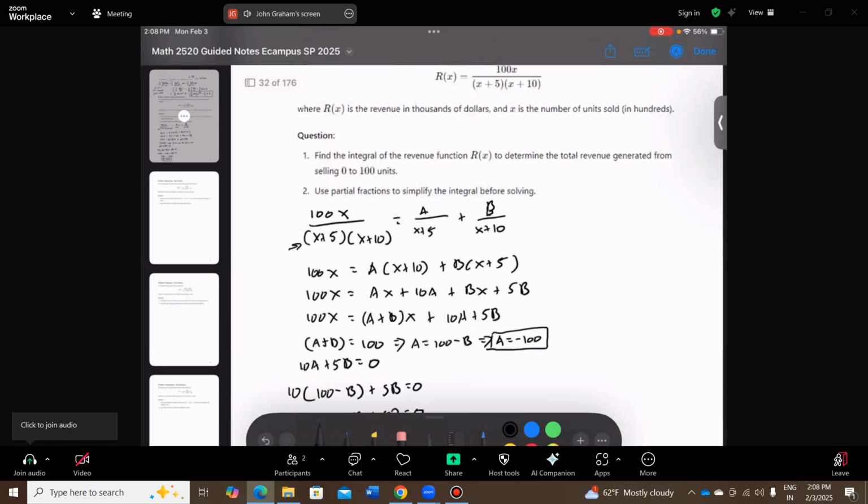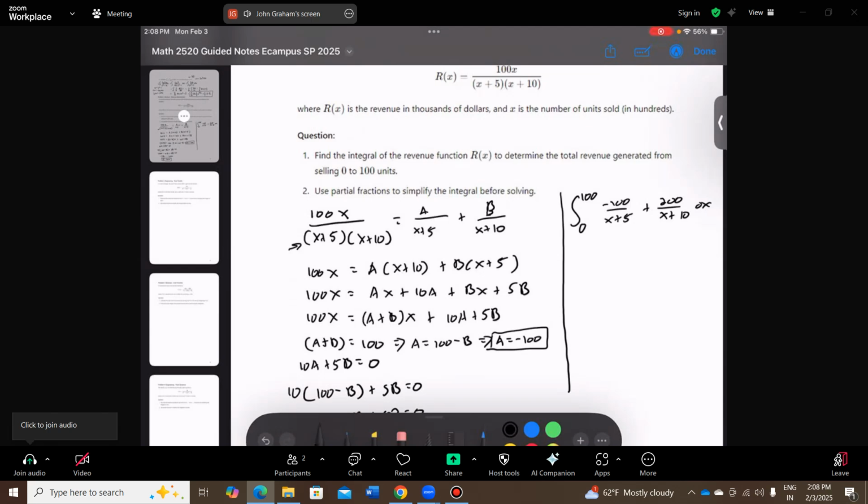Alright, so now we can write out the integral from 0 to 100. A is negative 100, so we'll have negative 100 over x plus 5 plus 200 over x plus 10 dx. Each of these is going to have the integral be natural log.